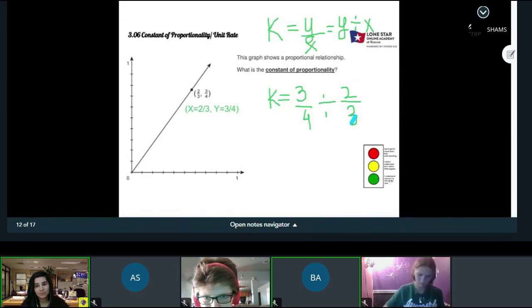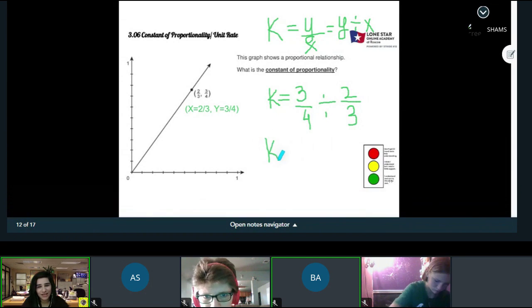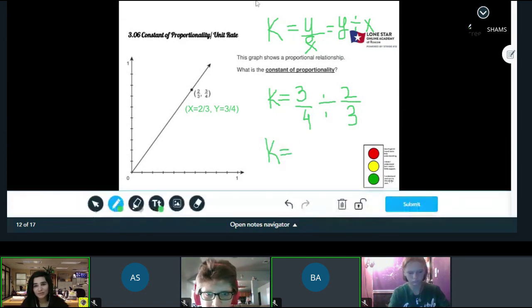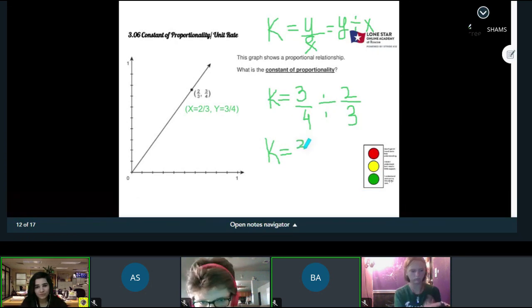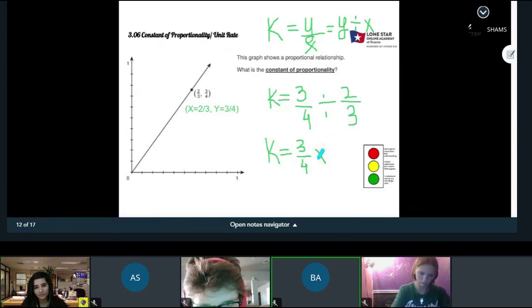I will use the keep, change, and flip strategy so I can divide fractions, right? In all these assignments, we are practicing dividing fractions, multiplying, decimals, and so much more, so we always get refreshed. Keep the first fraction, 3/4. Change division to multiplication.